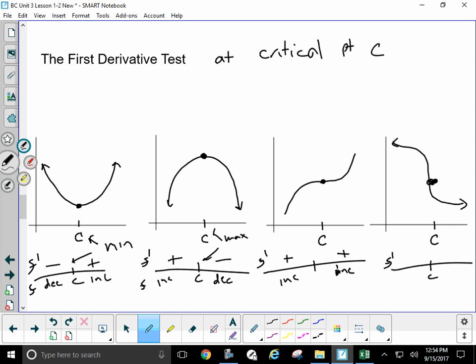F prime values are going from negatives and then negatives. These are neither maxes nor mins.